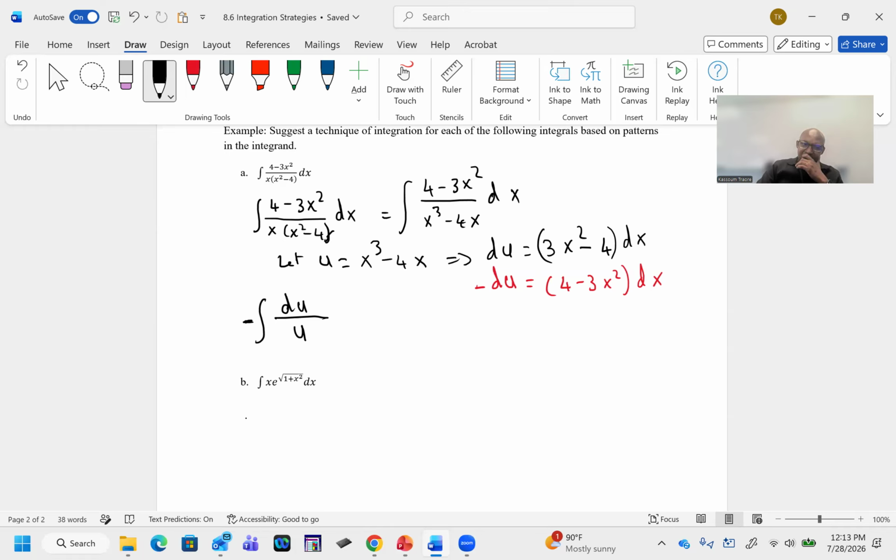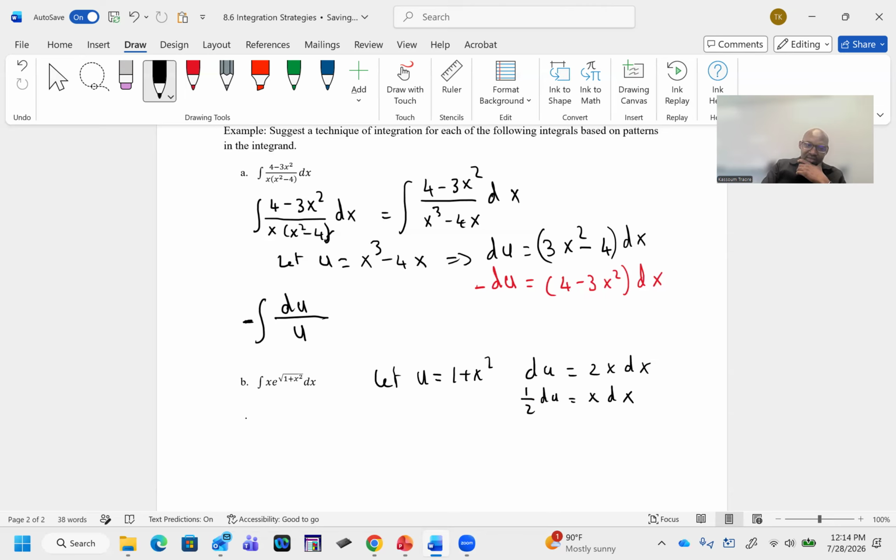If we said let u be equal to 1 plus x squared, then du will be 2x dx, right? We have x dx right here, which means 1/2 du will be equal to x dx.